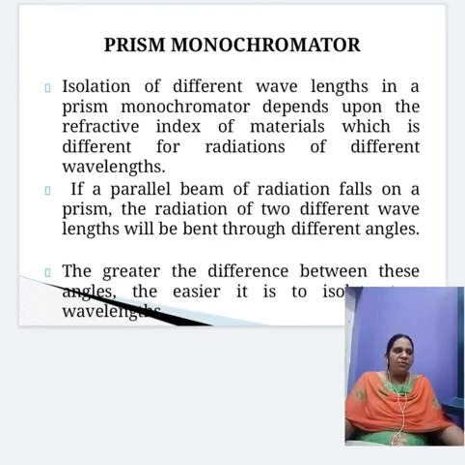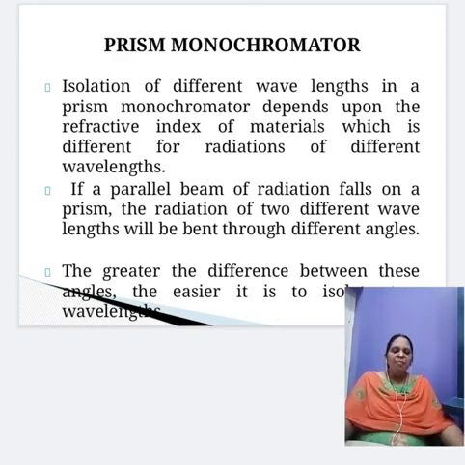If you take an example of white light, that is visible light, it has 7 different colors. Each color of light has its own wavelength. So what is happening here? The refractive index depends upon the wavelength of the radiation.